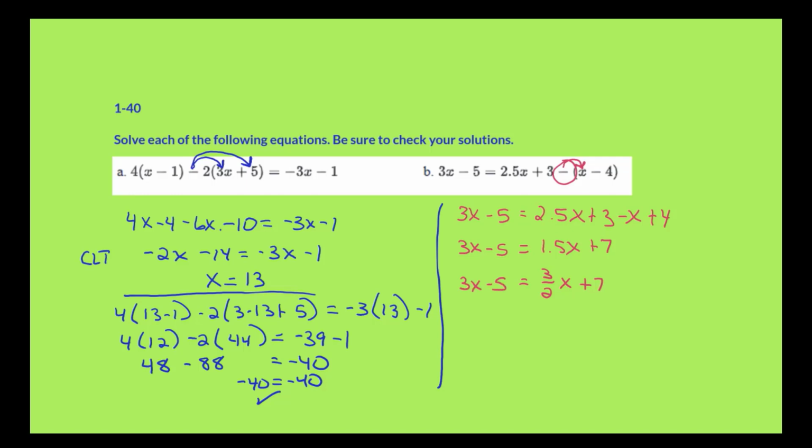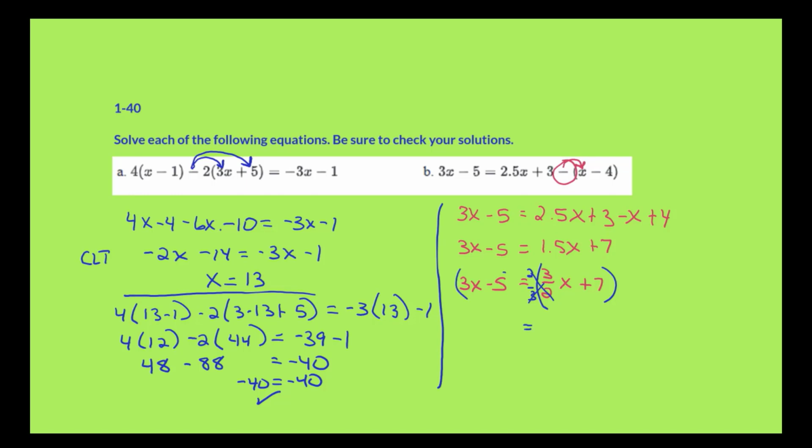Okay, I'm going to add 5. Well, first, let's just multiply by the reciprocal. So on this one, I am going to get a different color to show you what I'm doing. I'm going to multiply this by 2/3. Okay, that's because this ultimately ends up being 1. But I still have to multiply the 7 by 2/3 also.